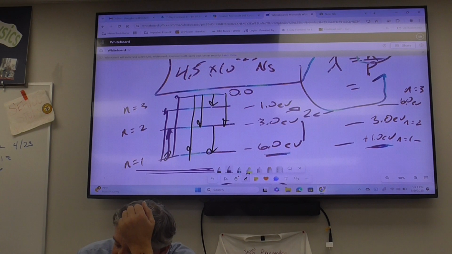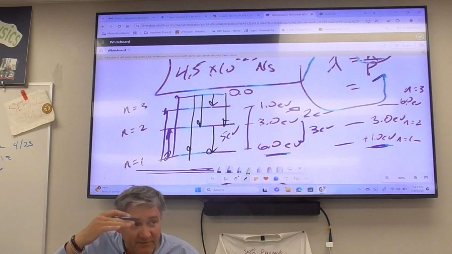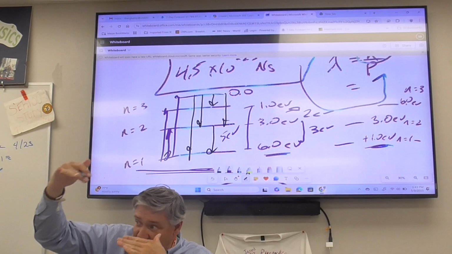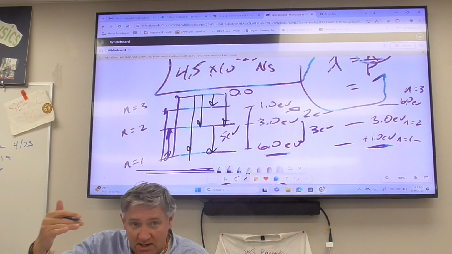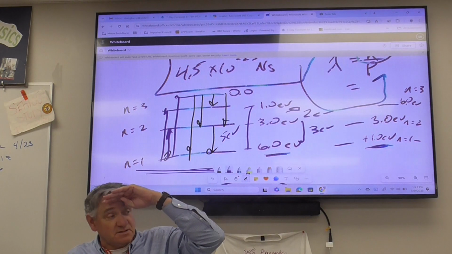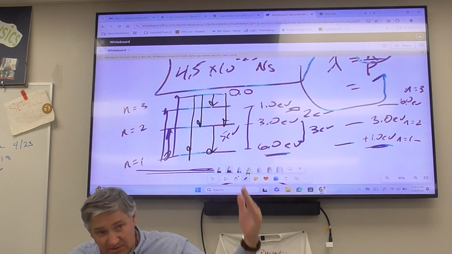You can go from 3 to 6, that would be 3 electron volts. You can go from 1 to 6, that would be 5 electron volts, okay? So, especially if you have multiple energy levels, you have to take into account every possible permutation, because on the emission spectrum, they can stop on the way down.